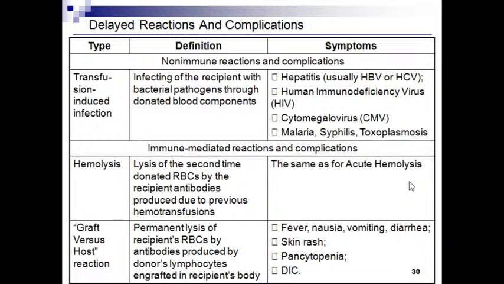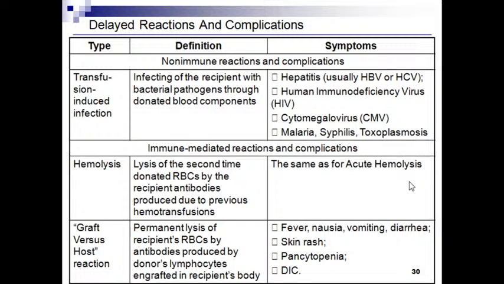The recipient can be infected with hepatitis, usually blood transmitting variants of hepatitis B or hepatitis C. With human immunodeficiency virus, HIV infection, with cytomegalovirus, with malaria, syphilis, or toxoplasmosis, due to mistakes in blood transfusion services.